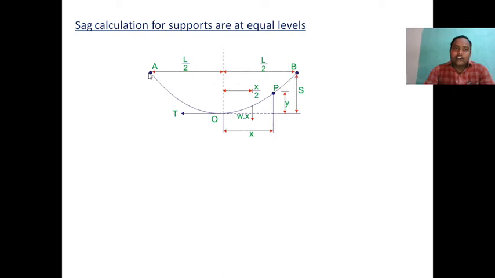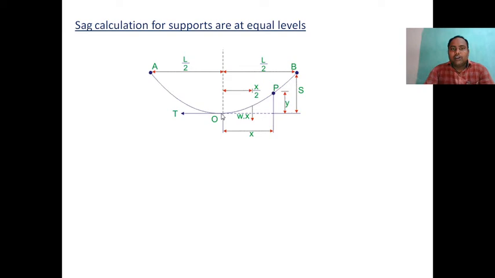This is a conductor. The distance between pole A and pole B is nothing but the length of span. This is the point O, which is the midpoint. From the midpoint of the conductor to pole A is L by 2, the length of span by 2.